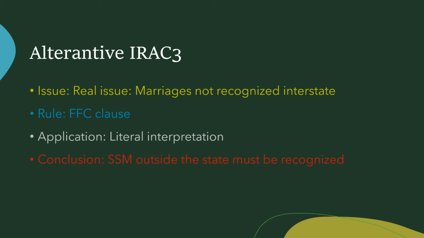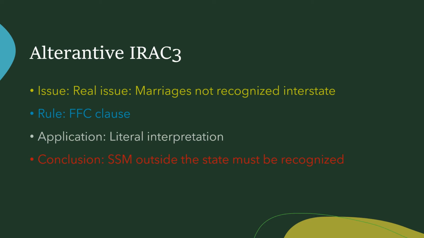It would no longer be the 14th Amendment, which is this idea of freedom and equality, but it might be what's called the full faith and credit clause of the Constitution, which says that the decisions, the rulings made by one state must be recognized by other states. And then without going for teleological interpretation, we could just go for literal interpretation and say, here we have a scenario where without any good reason, decisions made under other states are not being recognized, and then the conclusion is different.